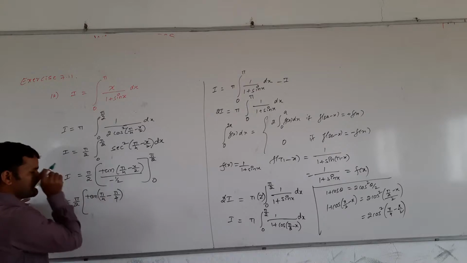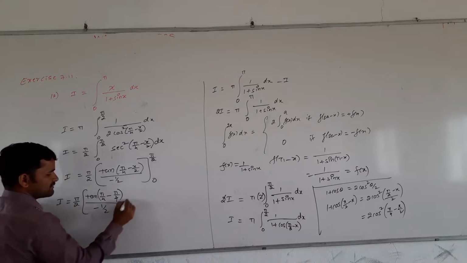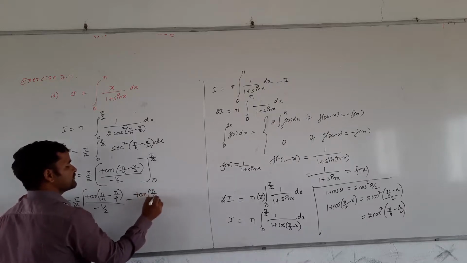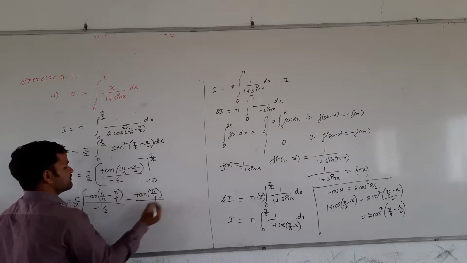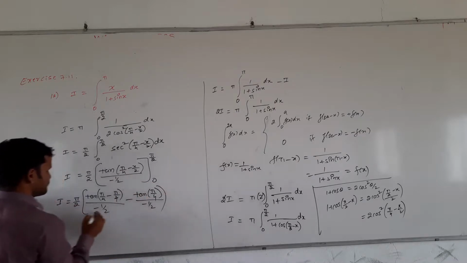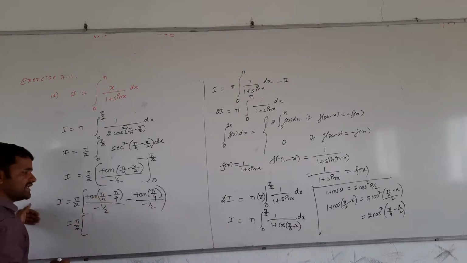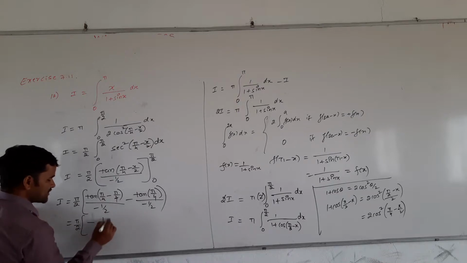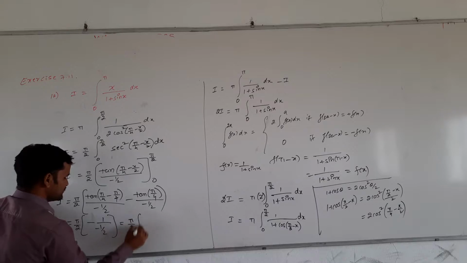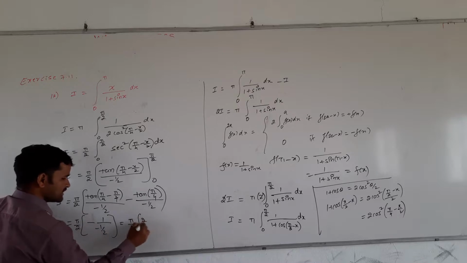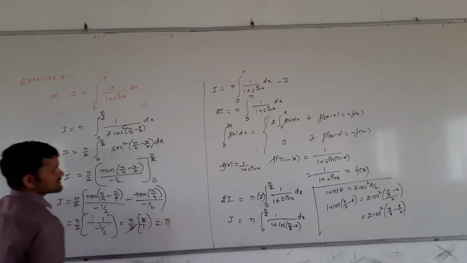Pi by 4 minus pi by 4, divided by minus 1 by 2, minus of, substituting the lower limit, tan of pi by 4 minus 0 by 2, means pi by 4, by minus 1 by 2. You see, this is pi by 2 into tan 45 minus 45, tan 0. Tan 0 is 0, leave this part. We have minus of tan 45 degree is 1, 1 by minus 1 by 2. This is pi by 2 into minus minus becomes plus, 1 by 2 will become 2 by 1. Here the 2 by 1, 2 gets cancelled out. We have the answer as pi.